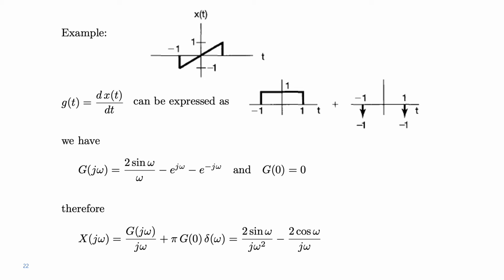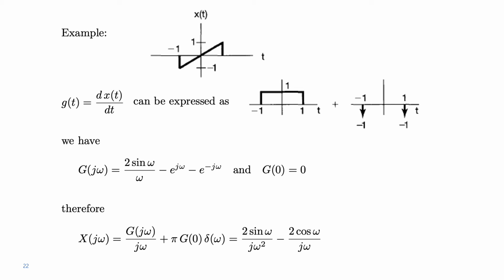Now we have everything to calculate finally the Fourier transform of the original signal x of t. So we know that since x of t is the integral function of g, because g is the derivative of x of t, we apply the formula that we learned today. So x of j omega is going to be g of j omega over j omega plus pi g of 0 delta omega.